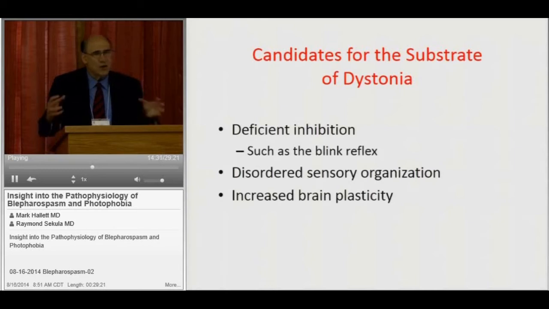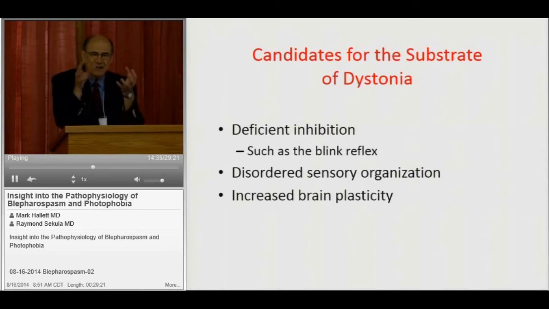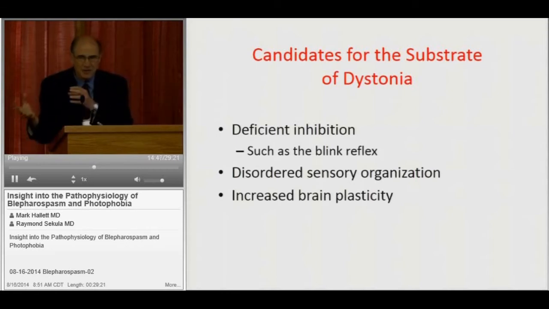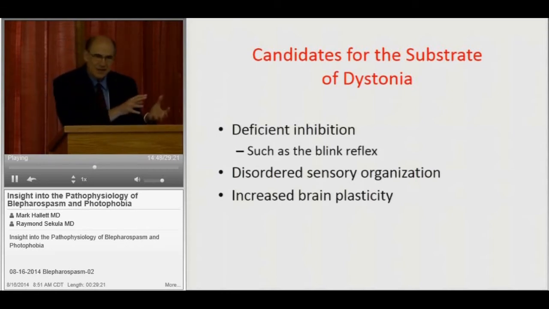And when there's a loss of inhibition, that means that there is a tendency for excessive contraction. If there's a balance between excitation of muscle and inhibition of muscle, and if there's a loss of the inhibition, then there tends to be too much muscle contraction. And that is a sort of a fundamental feature of all types of dystonia. So that's one of the central abnormalities.